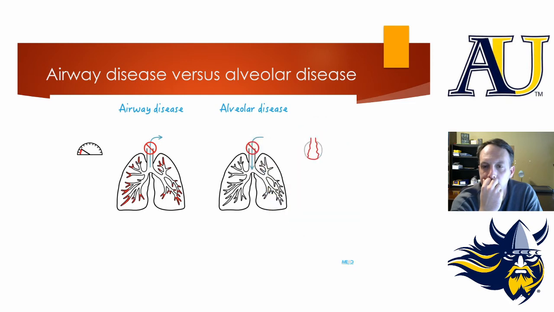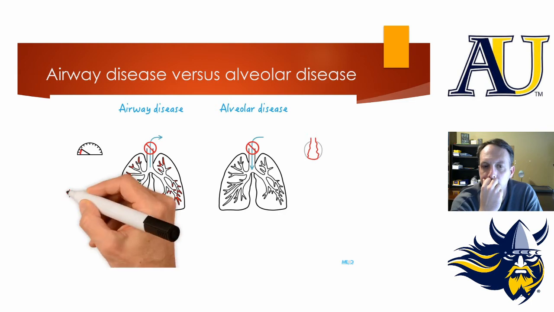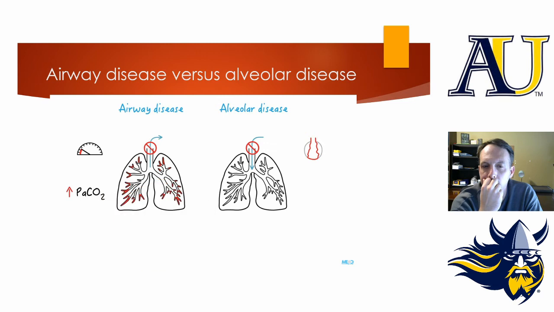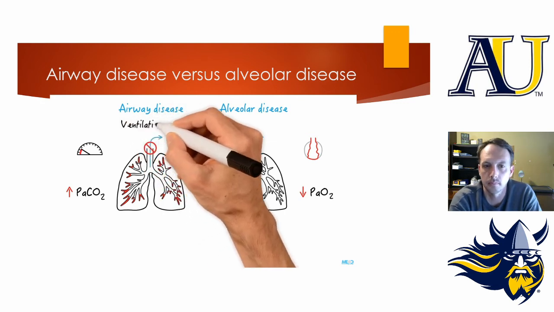In airway disease, because the patient will have difficulty getting volume out, this will lead to increased PaCO2 levels, since CO2 is not being properly ventilated out. In alveolar disease, because the patient suffers from alveolar damage, this will lead to decreased PaO2 levels. In airway disease, because the patient is not ventilating CO2 out, this disease category is said to have a ventilation issue.